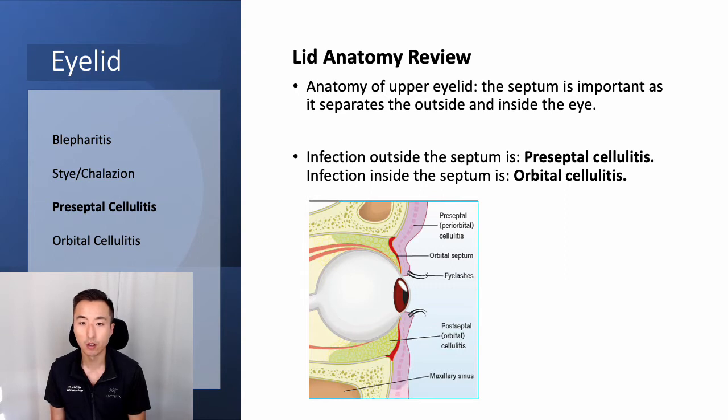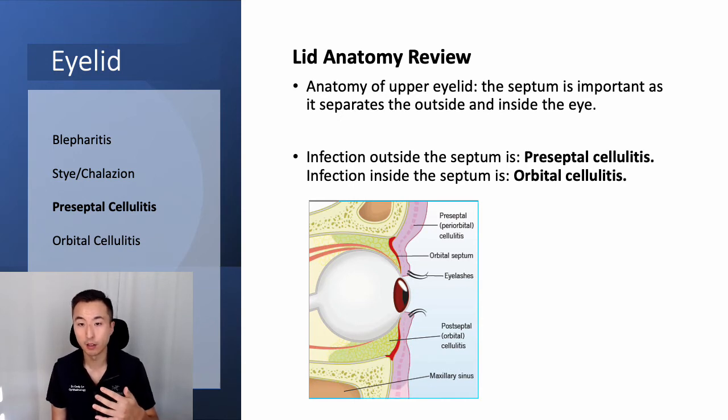So here's a cross-section of the eye with the periocular structures, and the anatomy of the eyelids is such that, especially in the upper eyelid, there's a connective tissue layer called the septum, which separates the superficial layers of the eyelid, which is everything in front, and then behind is what we consider the orbit.